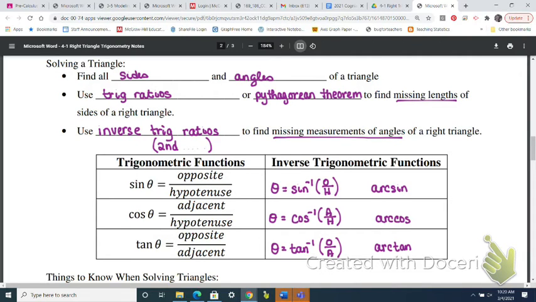So if you see arc and then a trig function, it's telling you to take the inverse of it. Okay, so a couple things we need to talk about before we get into these examples. But again, remember, hit the second button on your calculator before the trig function.